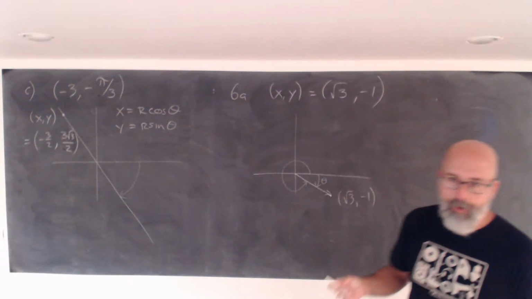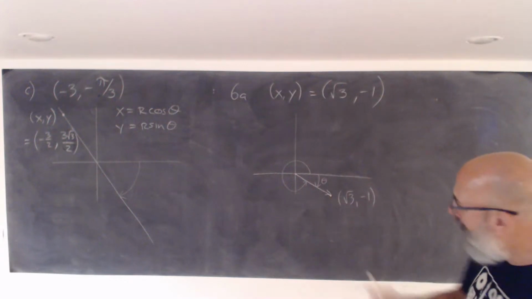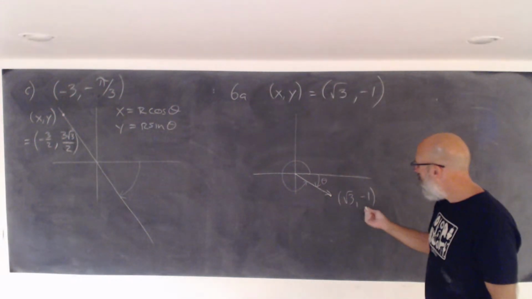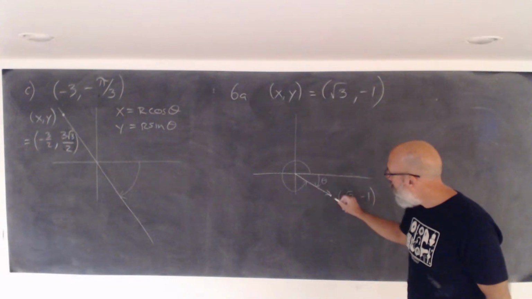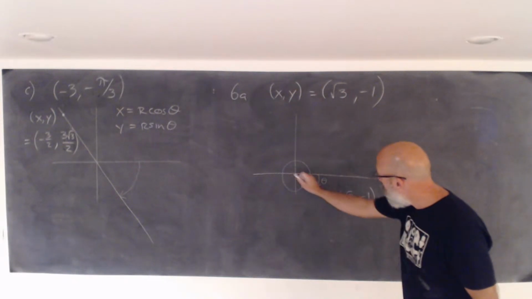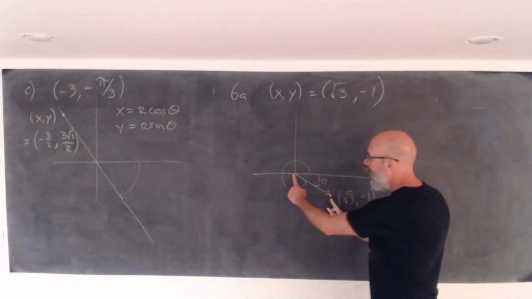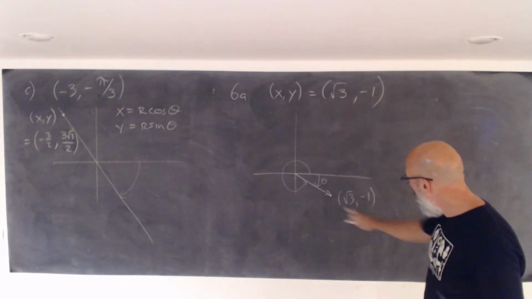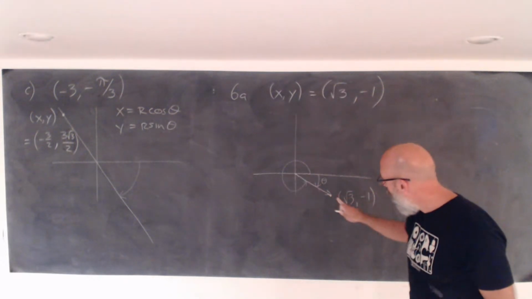Either way, it doesn't matter. Again, you have many options. Let's talk about the distance from the origin. Of course, you recognize that this is just the length of the vector. So Pythagorean theorem or whatever, right?